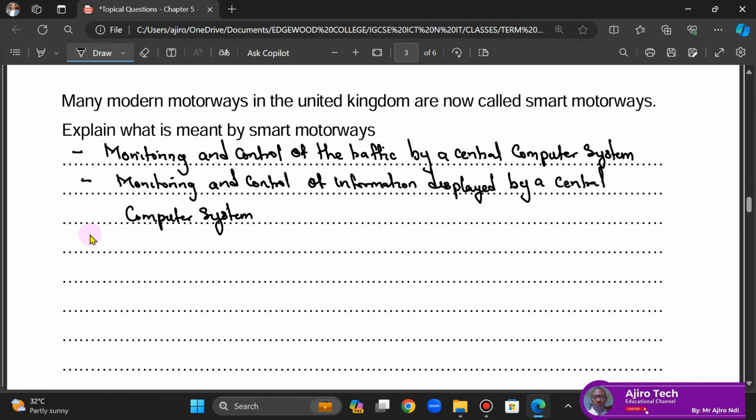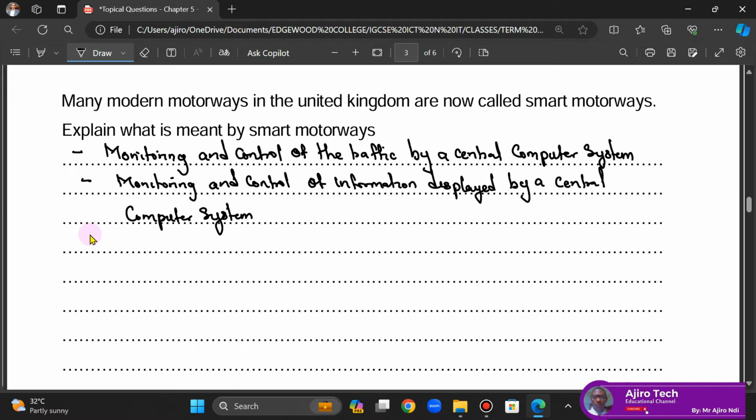So the whole idea of the smart motorway is that there are certain devices on the motorway where vehicles travel, the cameras and ANPR, that can detect the traffic and navigate it to ensure seamless movement for both passersby and vehicles.